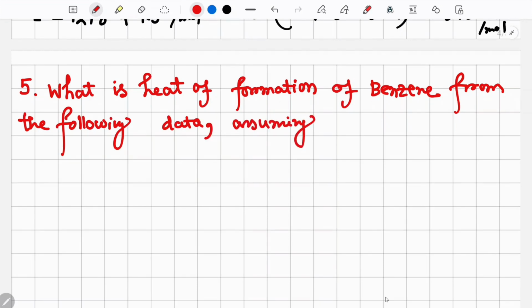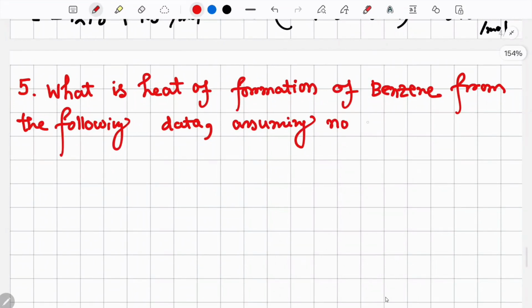Assuming no resonance, bond energies are there.